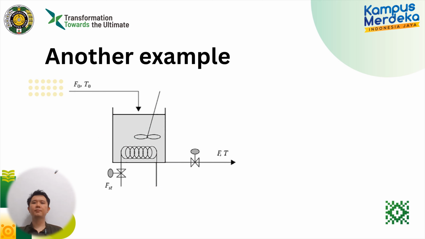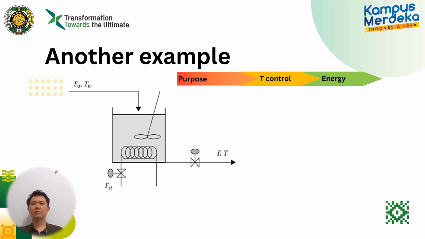Let's return to our stirred tank heater example. If we wish to control the temperature, the most suitable fundamental quantity for our parameter will be total energy. The control volume would be the entire tank, and we can assume that temperature in the tank is uniform.